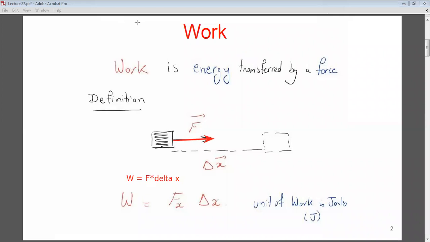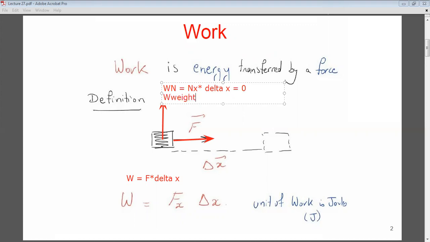If we take another example, let's calculate the work done by the normal force. Work done by the normal force is equal to nx times delta x, but we all know that nx is 0 because n is along the y-axis, so this is equal to 0. Same thing for work done by weight.